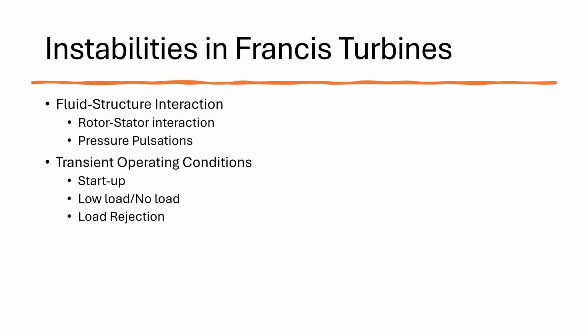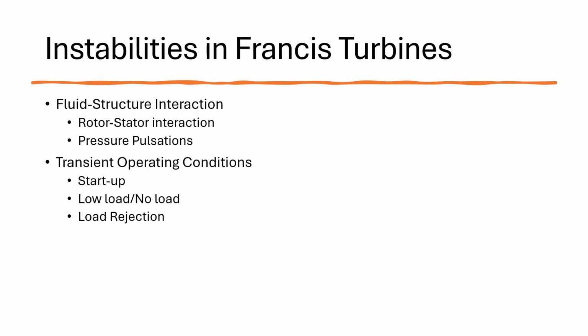Okay, the next part is instabilities in Francis turbines. The main reason why this is studied is because the instabilities have an effect on the turbine lifetime. One of the main problems affecting the turbines is the fluid structure interaction. The first example is the rotor stator interaction, which often causes premature fatigue cracks.